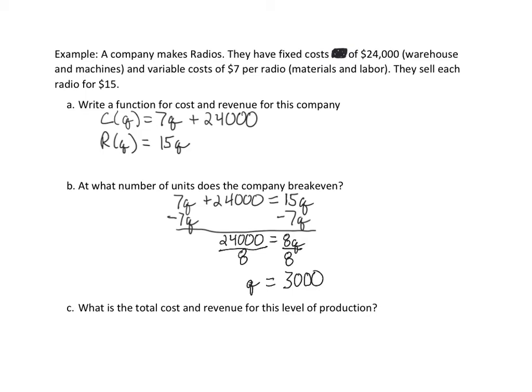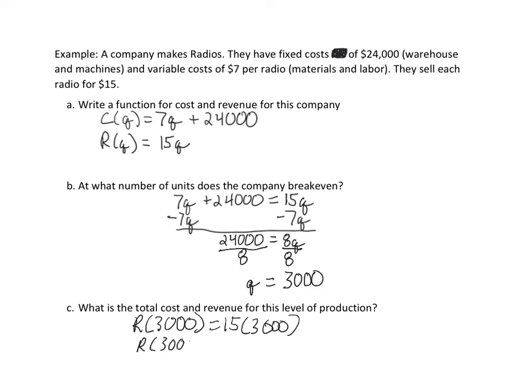So we know cost and revenue are the same thing. So if we want to determine the total cost and revenue at this production level, we could just plug in 3,000 for Q, and it doesn't matter which one we pick because we already stated at this level they should be equal. So I'm going to use just R of Q equals 15Q because that's easy to calculate. So R of 3,000 equals 15 times 3,000.